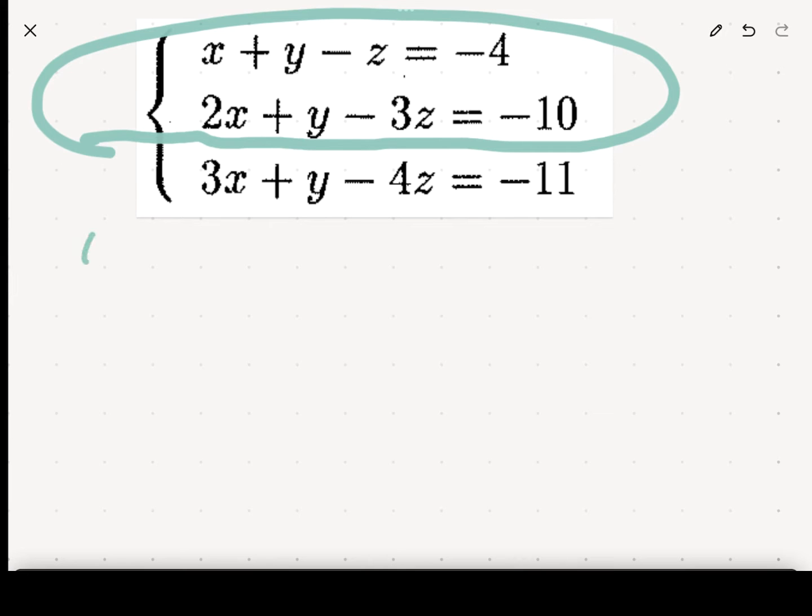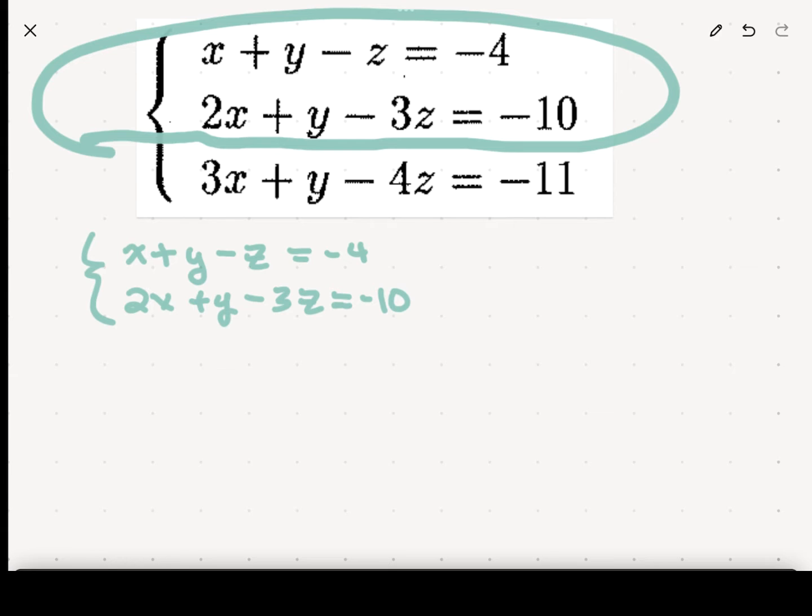I have the system x plus y minus z equals -4 and 2x plus y minus 3z equals -10. I can choose any of those 3 variables to eliminate. Let's go ahead and go with y.